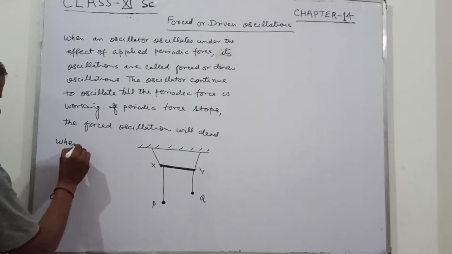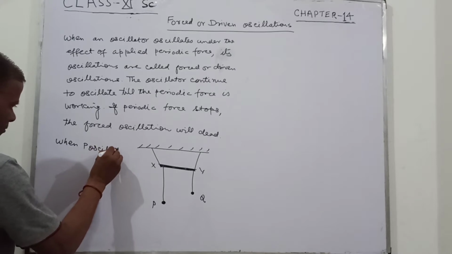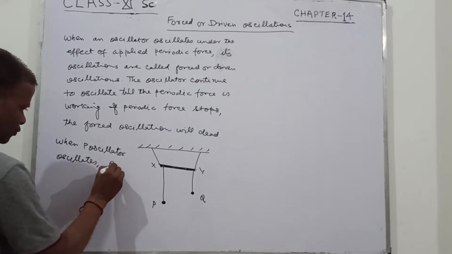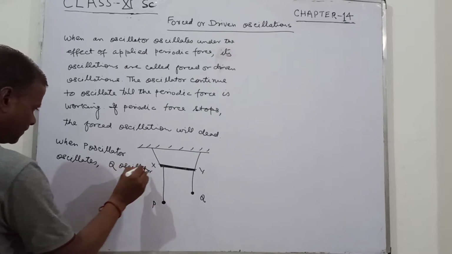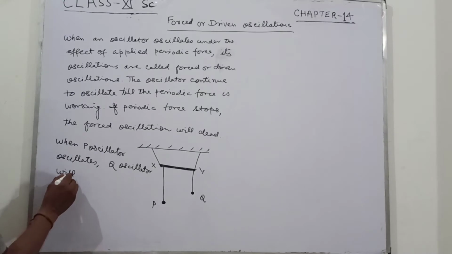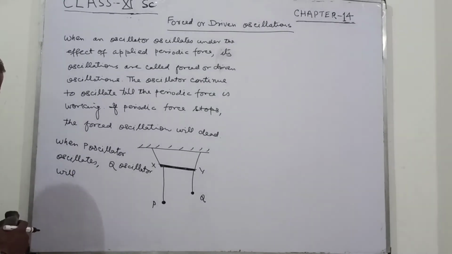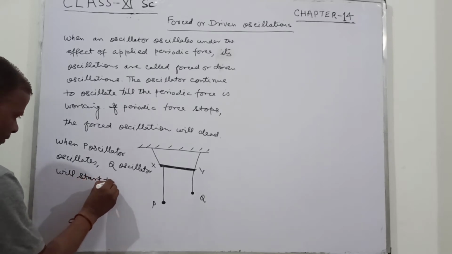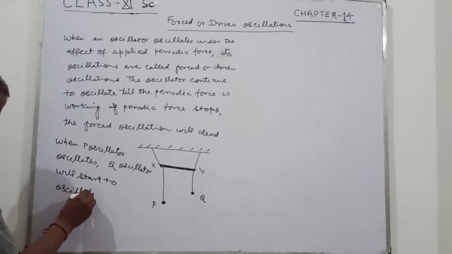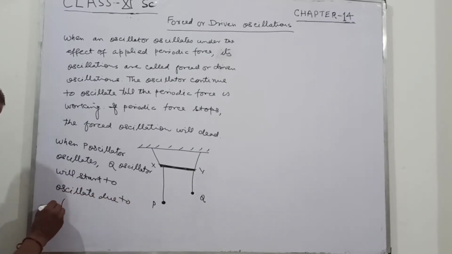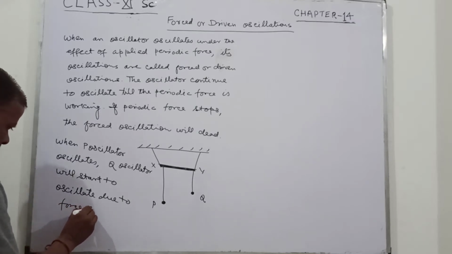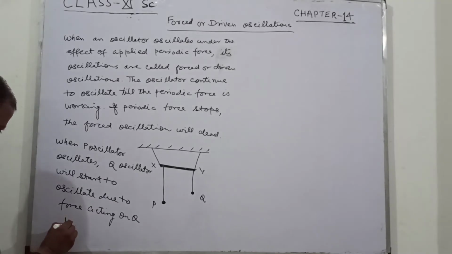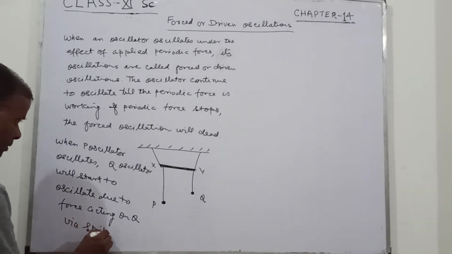When P oscillates, the Q oscillator will start to oscillate due to force acting on Q via strip XY.